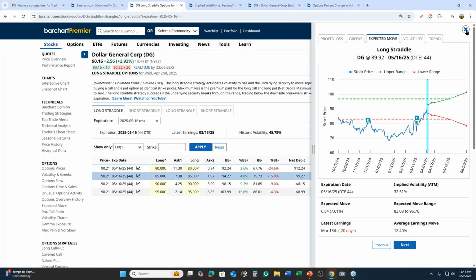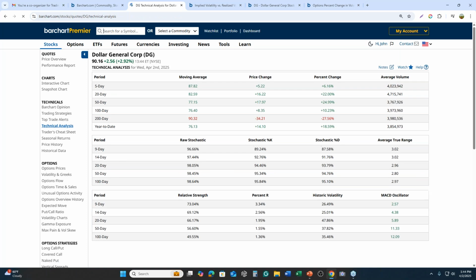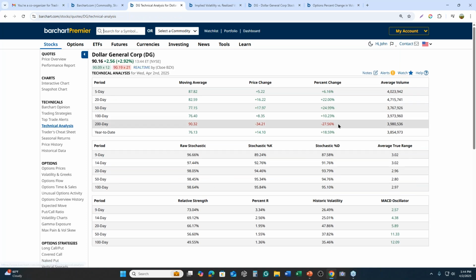The technical aspect that I like to look at in these types of trades is price movement as a performance and as volatility. There are a couple of tools we can look for. I'm under the technical analysis page, looking at something called the average true range.